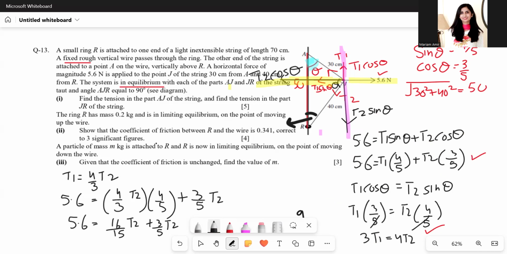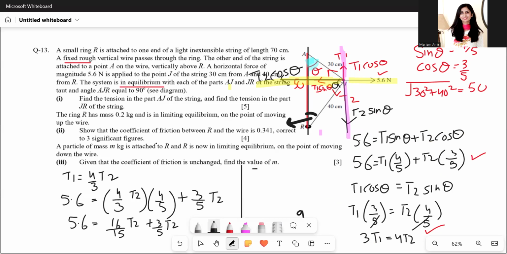Take T2 common: 16 by 15 plus 3 by 5 is 5 by 3. So 5.6 equals 5 by 3 T2, so T2 equals 5.6 times 3 divided by 5, which gives us 3.36.